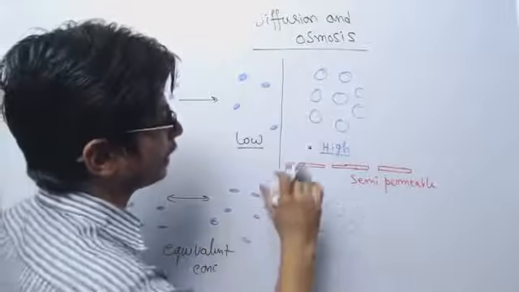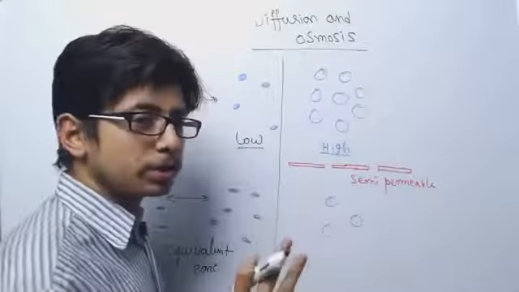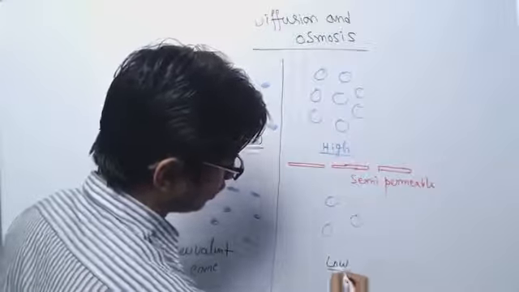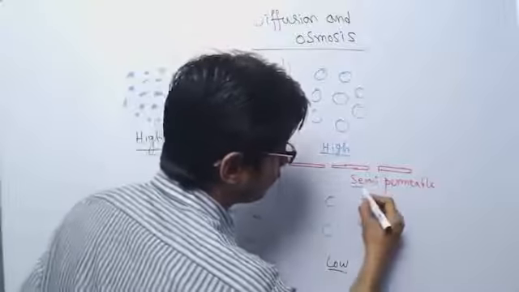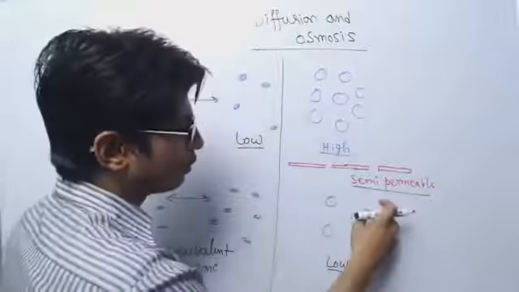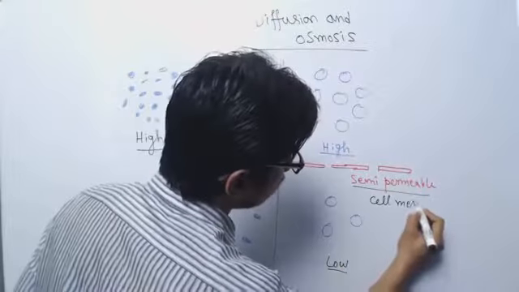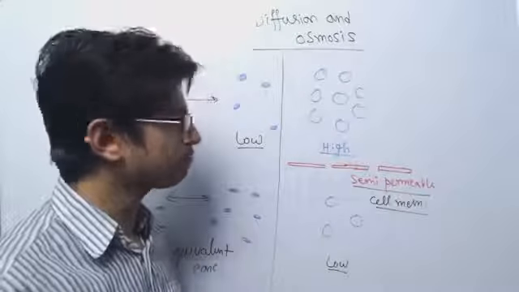These are the glucose molecules, for example. The glucose molecules are present in high concentration here and low concentration here in this chamber. Two separate chambers separated by a semi-permeable membrane. That membrane could be parchment paper, or let's say it is a cell membrane, because the feature of a cell membrane is also similar to that of a semi-permeable membrane.